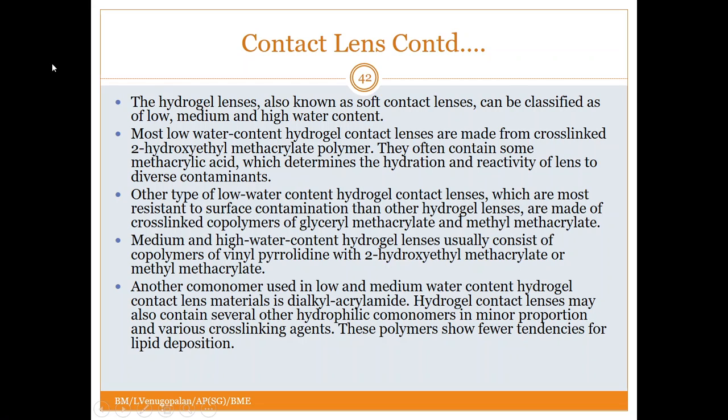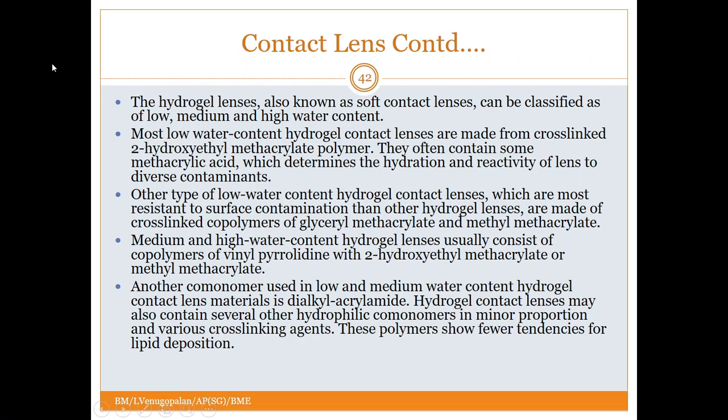Now, hydrogel based contact lenses are also known as soft contact lenses, and these are classified as low, medium, and high water content lenses. Most low water content hydrogel contact lenses are made from cross-linked 2-hydroxyethyl methacrylate polymer. So they often contain some methacrylic acid, which determines the hydration and reactivity of the lens to diverse contaminants.